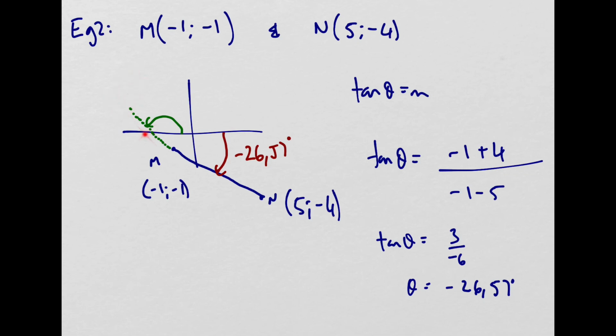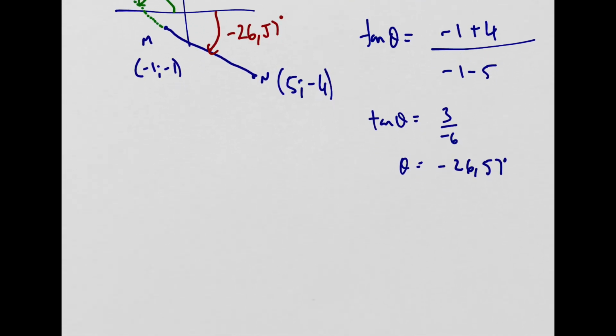And look at where the positive angle is. That now would show you this angle, from the positive x-axis to the actual graph. Okay, so let's look what happens in this case. So we've got negative 26.57. So we then know we now need to add 180 degrees.